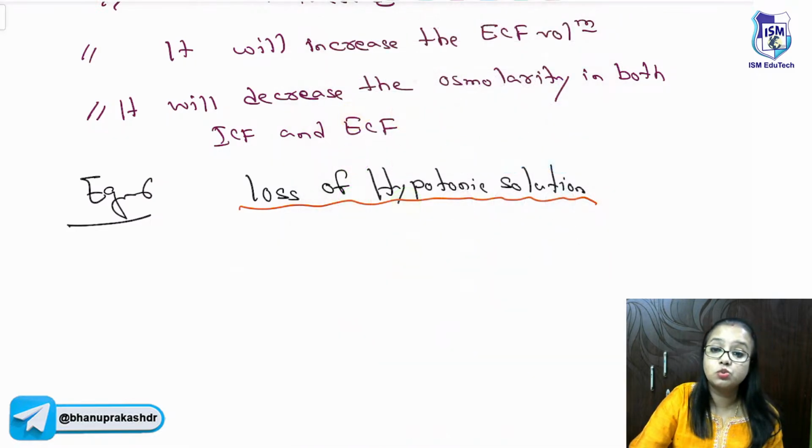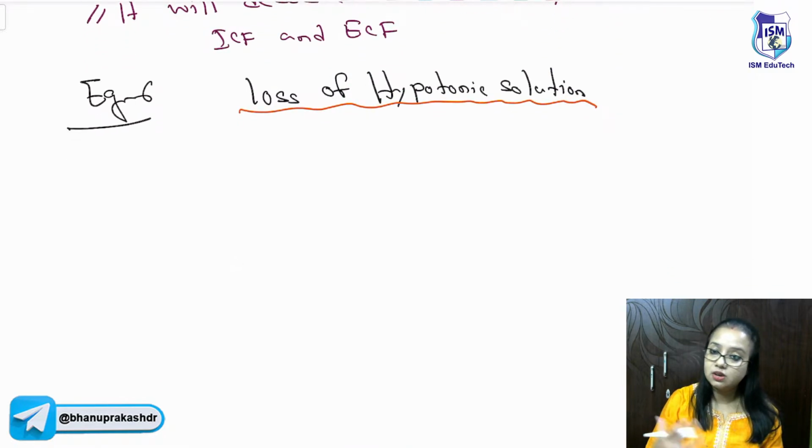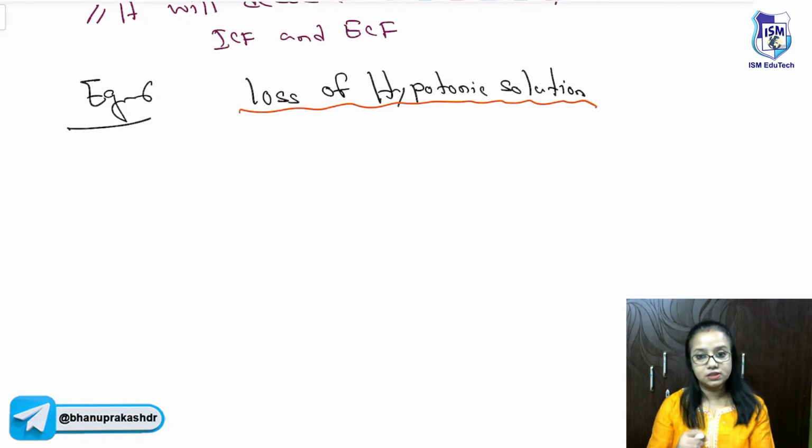Like when we are sweating. When we are sweating, water is coming out and salt is also coming out, but the quantity of water that is coming out in the sweat is much more than the quantity of the salt that is coming out.